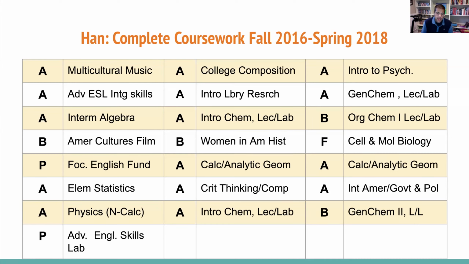I'm specifically the professor who teaches the women in American history class. That's a class with a very heavy writing load, writing significant essays, and she's doing very well through these. I mean, she had a little trouble in cellular and molecular biology, right? So maybe that's one of those places that I failed her, that I could have done a little bit more to cover that in my English classes.